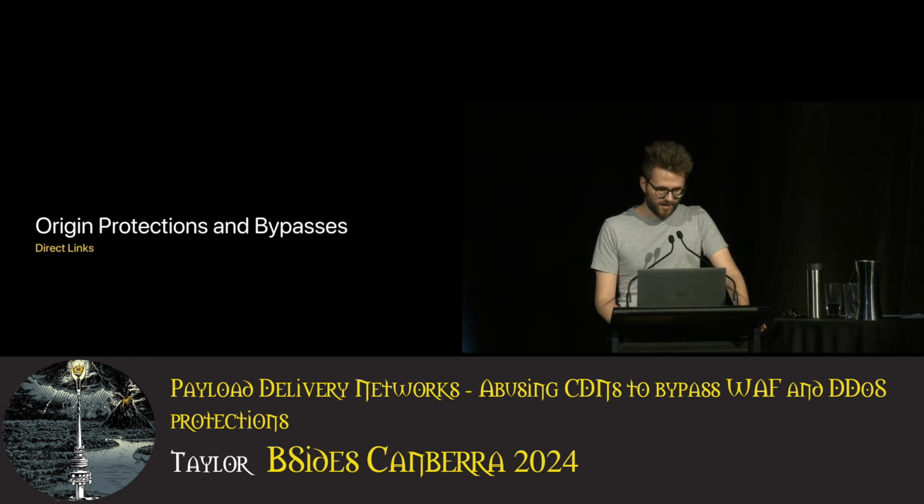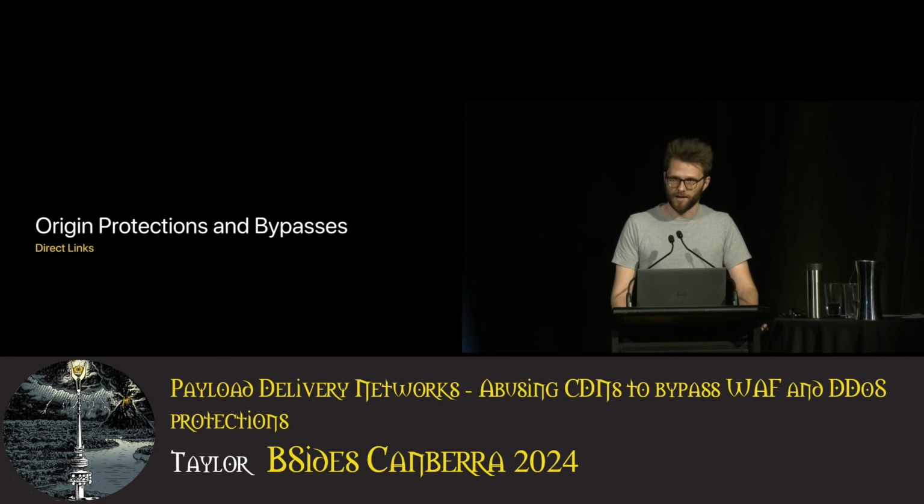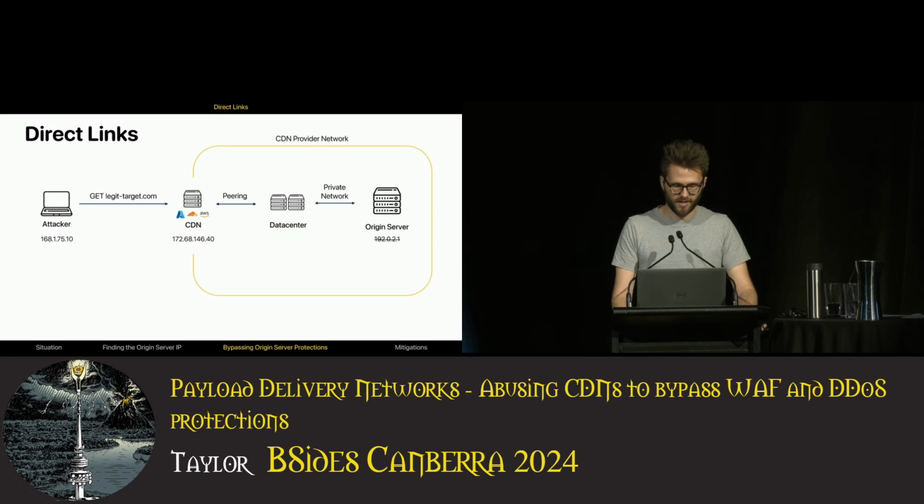And the last one here with the direct links applies to all three of them as another way to secure yourself. So here we have the attacker getting the domain for CDN. The CDN peers directly with a data center or some sort of connectivity provider. You can do it yourself if you have a networking team or you're large enough to do it. And then you can have a private network between the origin server and the data center.